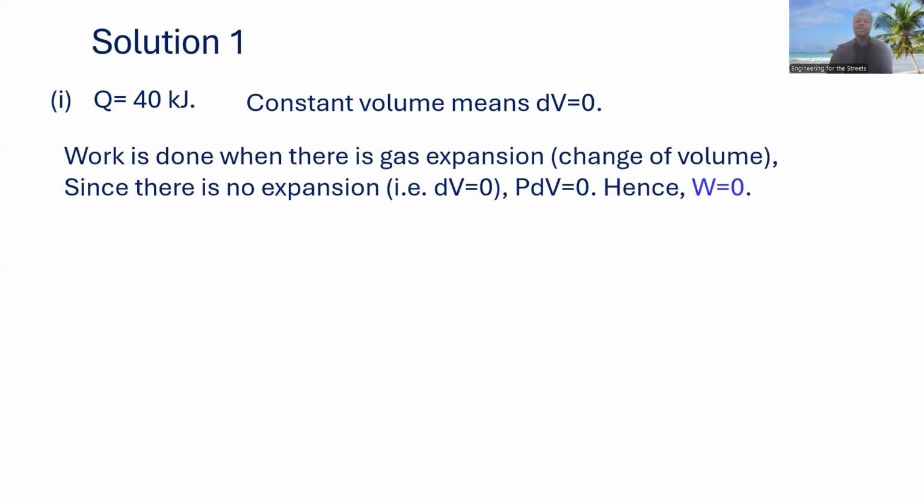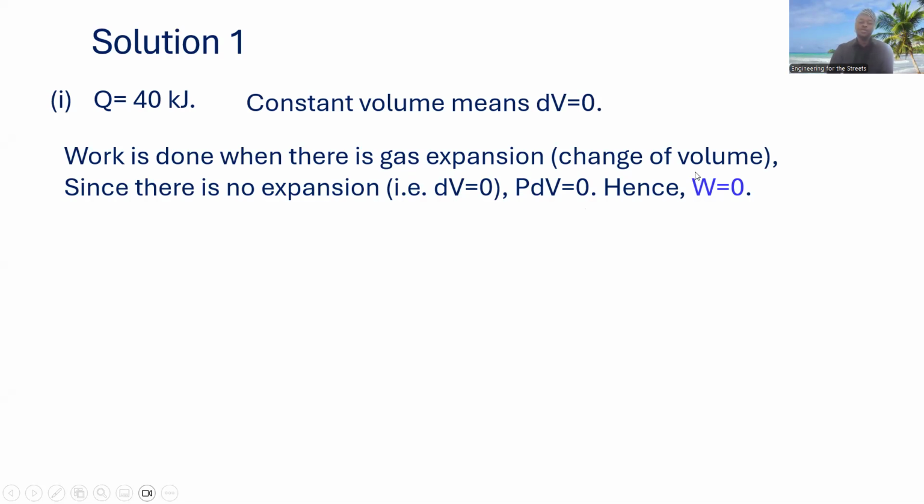Work is done when there is gas expansion or change of volume. Since there's no expansion, that means dV equals zero. And from our previous lectures, we see that work is the integral of pressure with respect to volume. So if dV is zero, then the integral thereof is zero. Therefore, the work done equals zero.